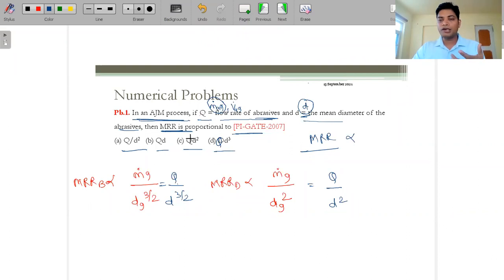If it is brittle, it will be Q by d to the power 3 by 2, but there is no such option. Suppose it is the ductile material, then it will be Q by d square, so the option will be a. The other options are Q into d, Q into d square, and Q into d cube, which are not correct. Only option a is correct. Okay guys, so this is option a.